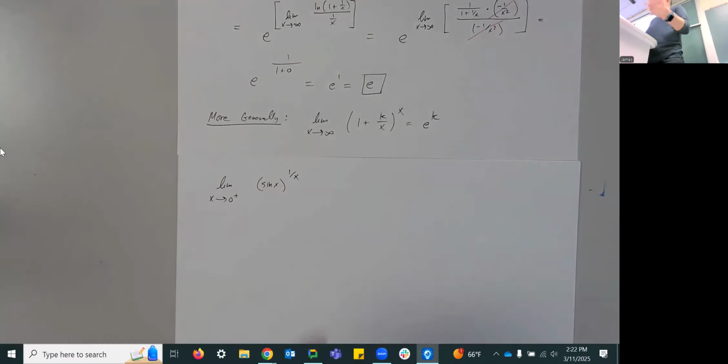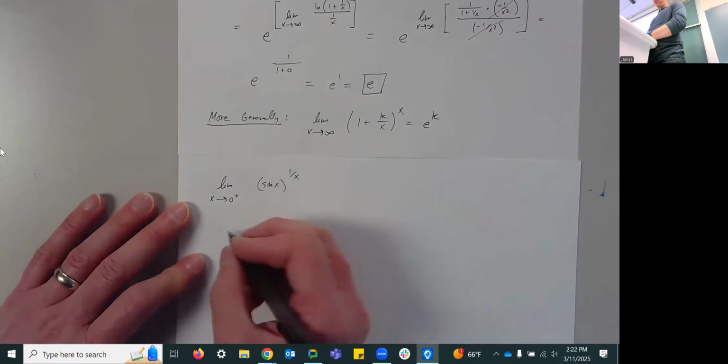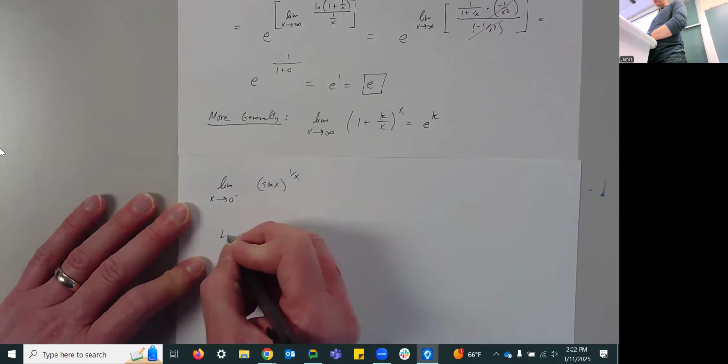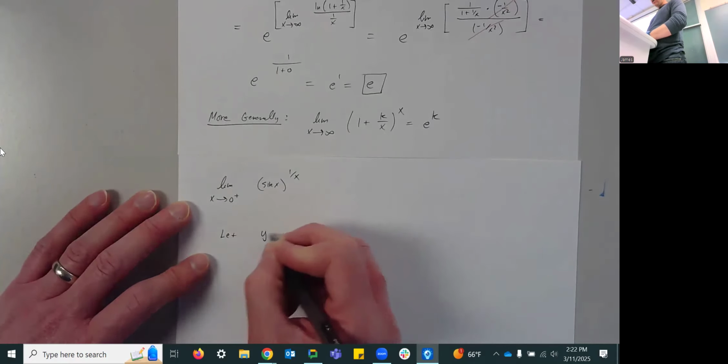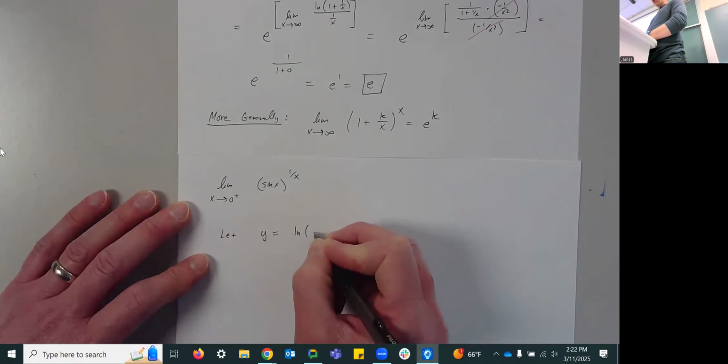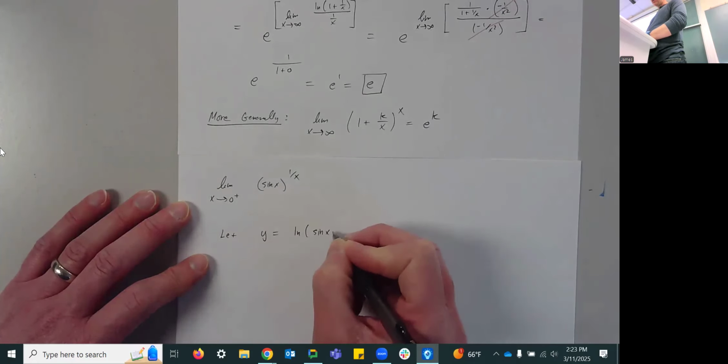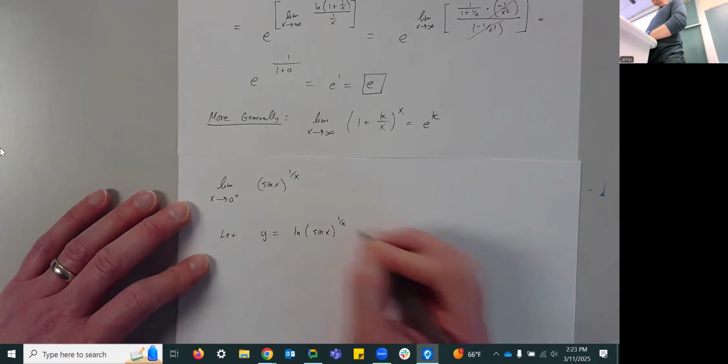What some people prefer to do is take the natural log of the expression first. So instead, we're going to let y equal the natural log of sine of x to the 1 over x.